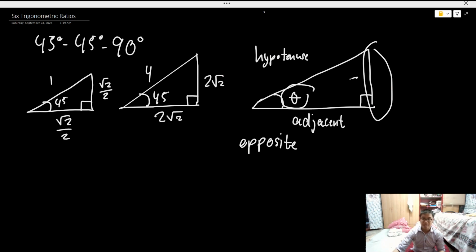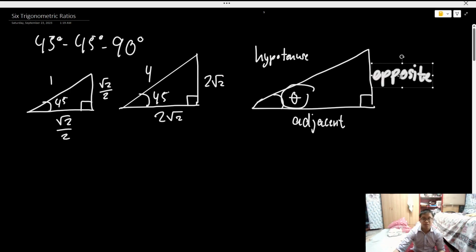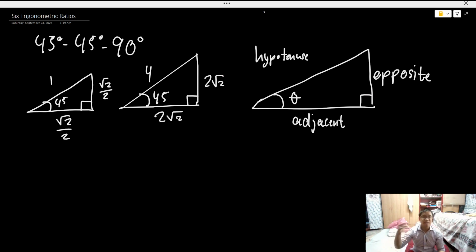This side is not beside that angle. So that will be your non-adjacent side, or in other words, the opposite side. So if the side is beside an angle, that's the adjacent. If the side is not beside that angle, then it's opposite. The main reason why it's called adjacent is because it is adjacent to the angle, or it's beside the angle.